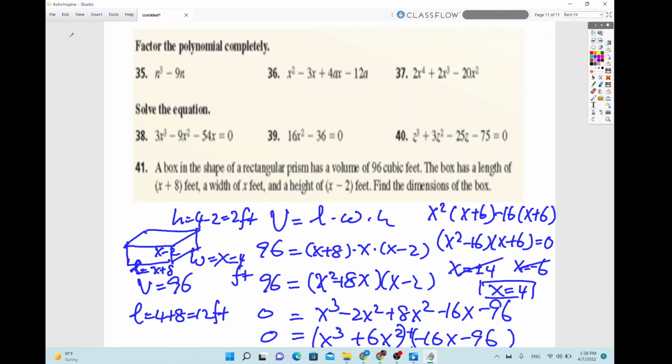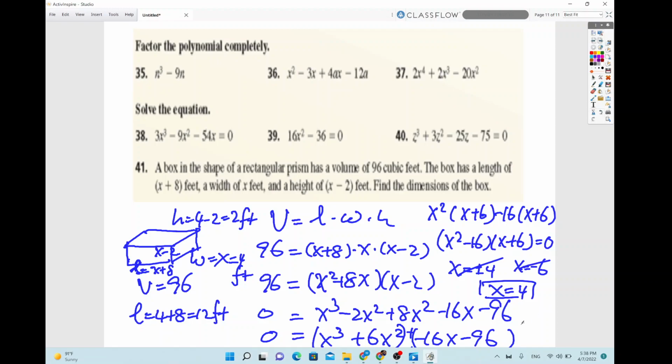So the last one is a little bit complicated. There's a lot of work that needs to be shown. You need to set up the volume of a rectangular prism, the formula you learned in pre-algebra or Common Core 3. With the factored form, you set it up and then distribute and FOIL.